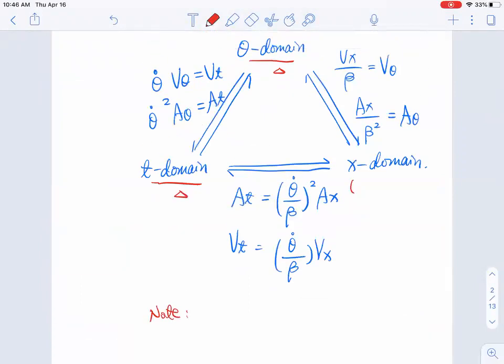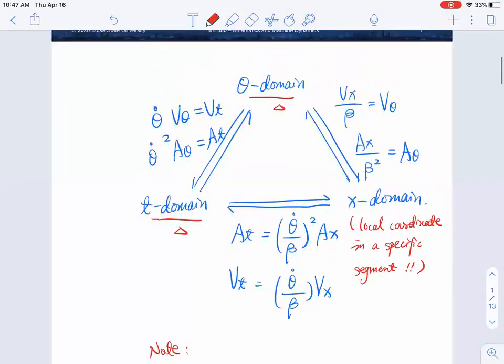Your x domain is a local coordinate in a specific segment. So your x domain is basically a local coordinate for one segment. If you want to transfer information between segments, you cannot use this local coordinate. You have to use either theta or time domain. That's the only domain you can transfer data between segments.